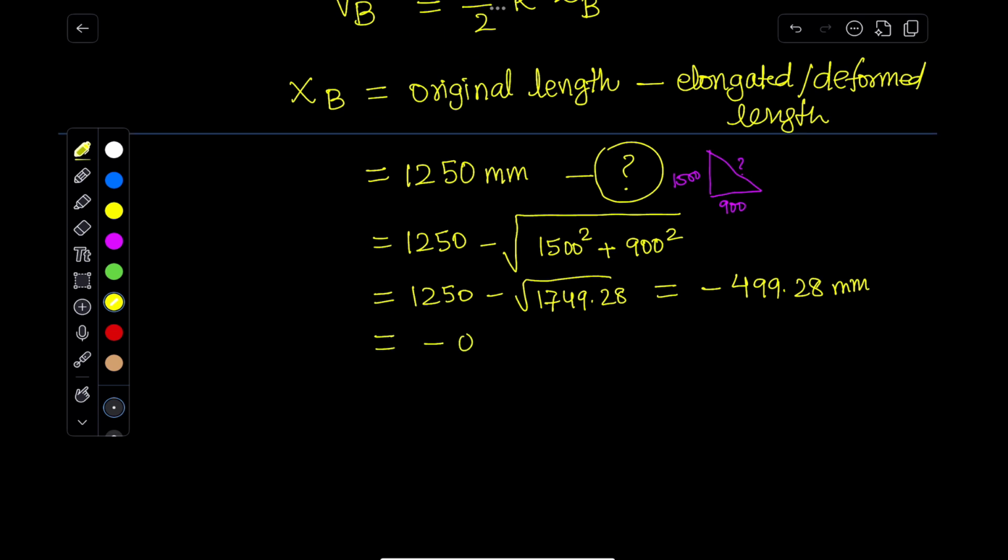And to know the elongated or deformed length, you have to find this in the problem. You will always find this type of problem in the book. So here the answer is minus 0.499 meter. Now we have all values. Now we will solve our equation 1.